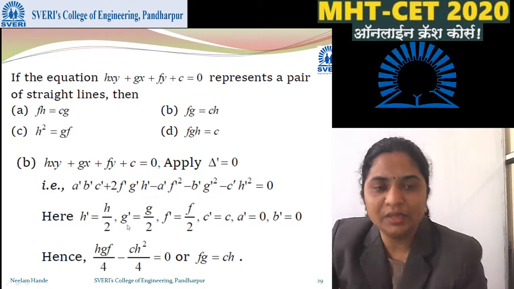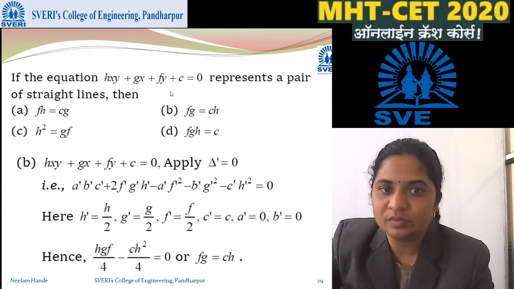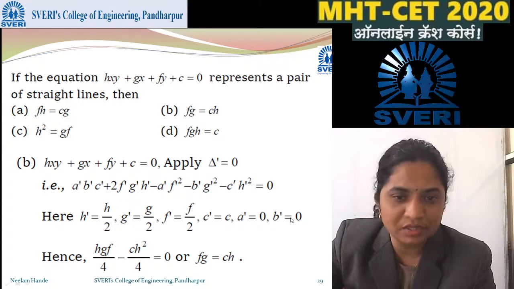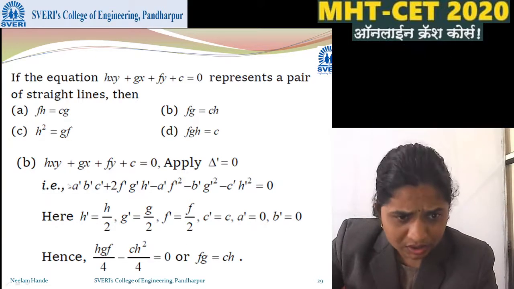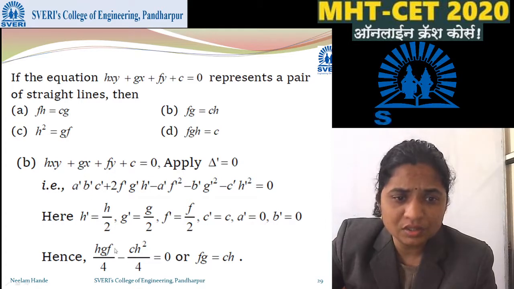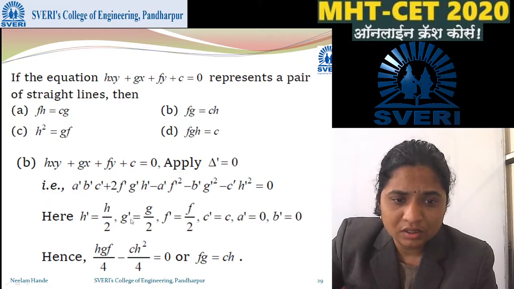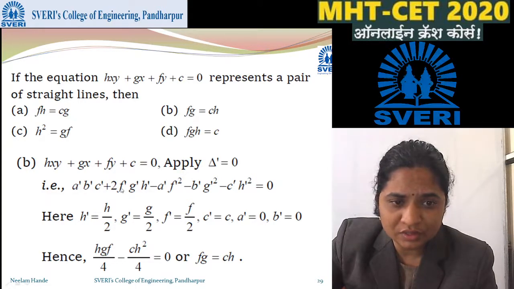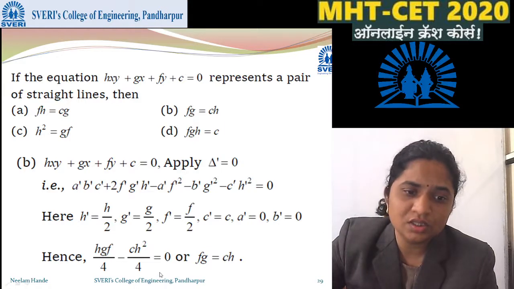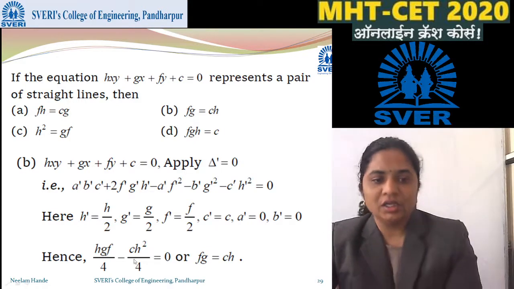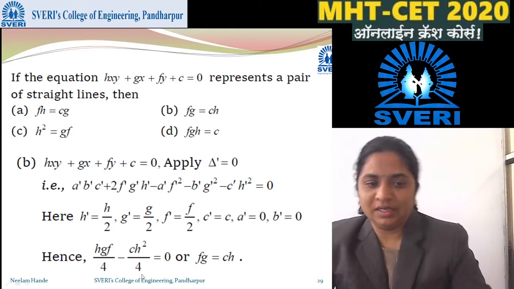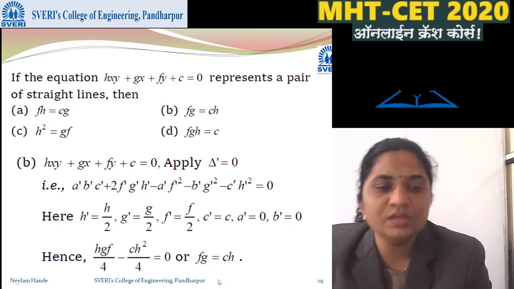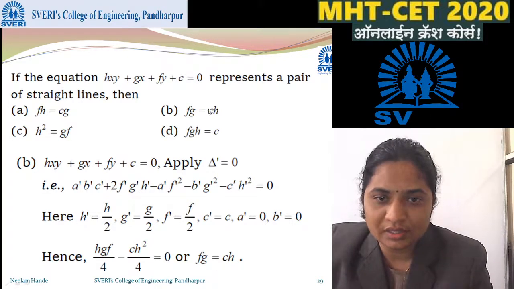And what about a and b? The ax square plus by square terms are not there, so a dash and b dash are 0. This is the condition; we substitute in this. Solving this, h on both sides will get cancelled, so fg is equal to ch. So the correct answer is B.